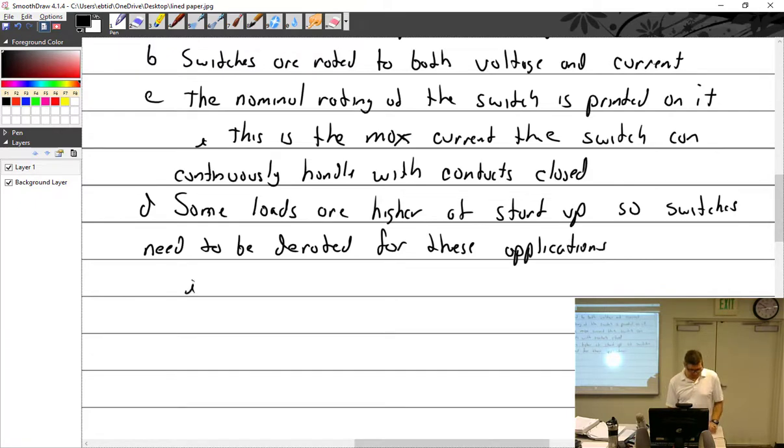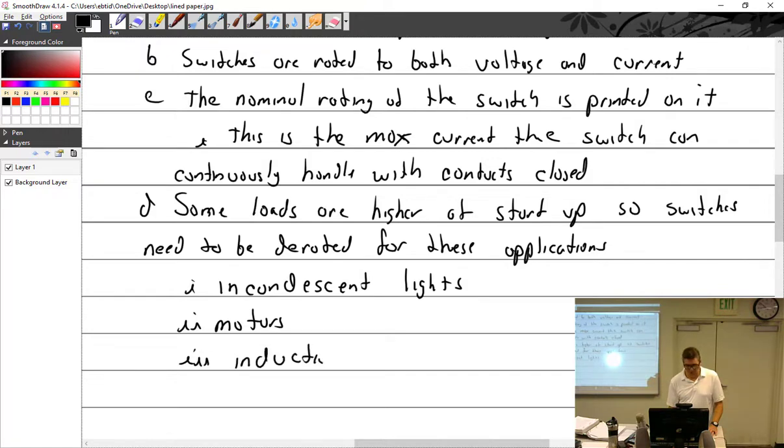So incandescent lights, motors, or inductive circuits. What's an inductive circuit? A coil. A motor. Motor's an inductive circuit. It's the best one. That's why I couldn't think of the other one off the top of my head.